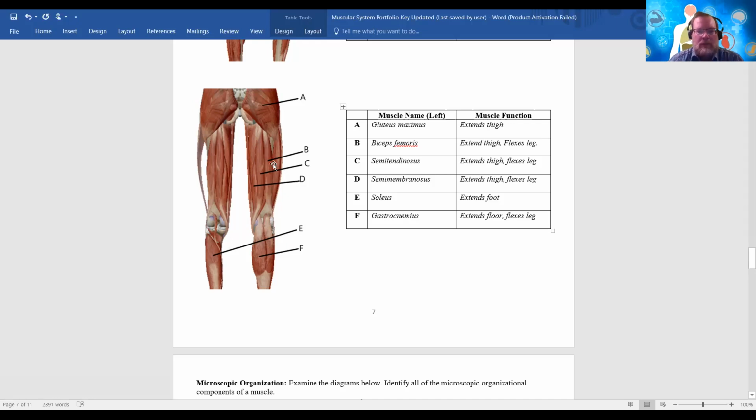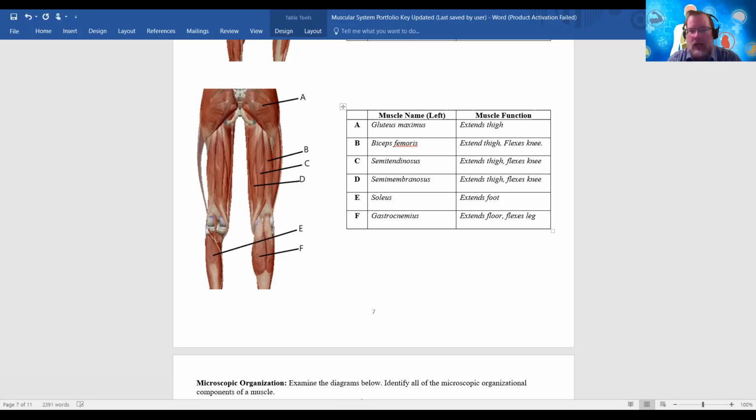So the biceps femoris, letter B, is going to be kind of the biceps of the lower leg. That's going to extend the thigh, so that means the whole thigh will go back, but it's going to flex the leg primarily. I think maybe more specifically, we could put flexes the knee for that one. Leg is a big area.